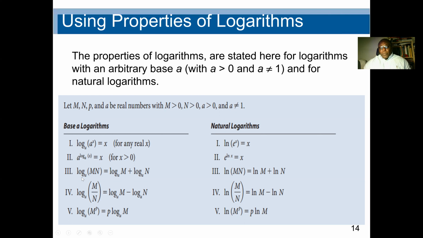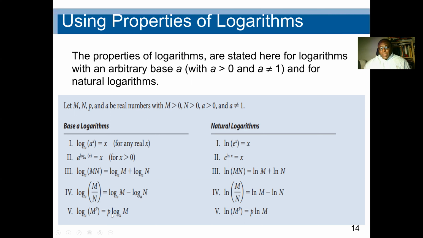Now if I have a log base a of m times n, I can expand this by writing log base a m plus log base a n. Now if it's division, then it will be subtraction of logs. So log base a of m divided by n will be log base a m minus log base a n. Then if I have log base a of m to the power p, the exponent p will be in the front.